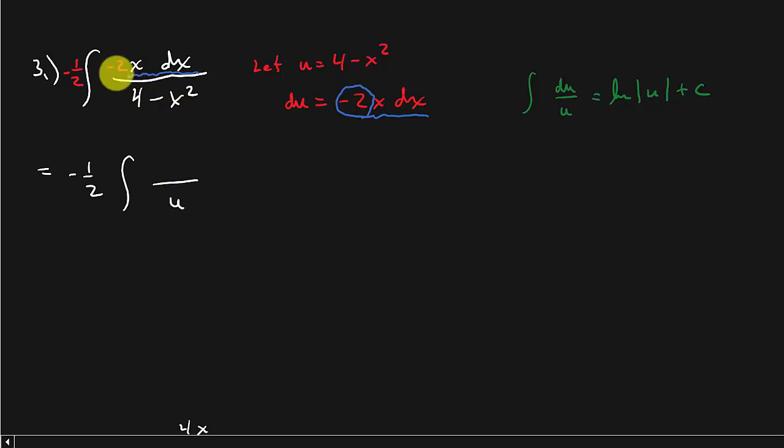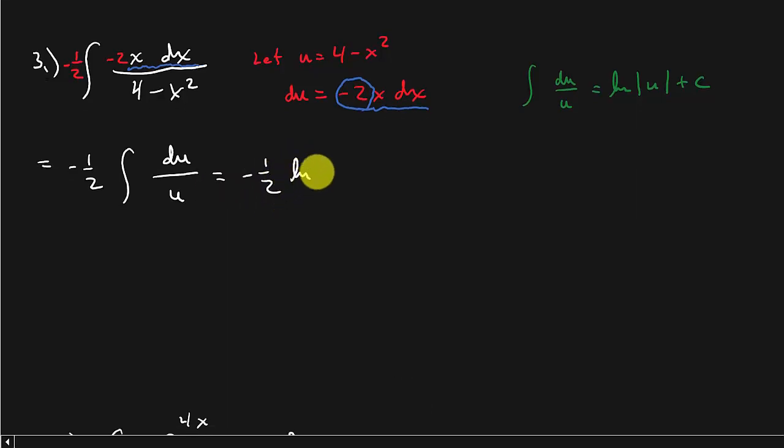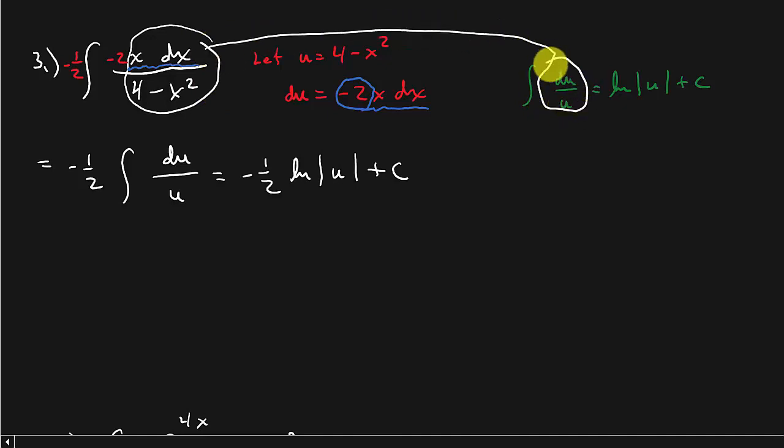In the place of negative 2x dx, I'm going to put du. And so this is negative 1/2 natural log absolute value of u plus c. All I'm doing is taking this and getting it into this form, and then I know it equals this. And so now I get negative 1/2 natural log, and then 4 minus x squared, plus c.